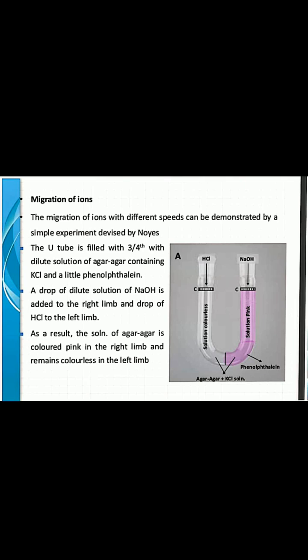The migration of ions can be experimentally studied by a simple experiment. The migration of ions with different speeds can be demonstrated by a simple experiment devised by Noyce, the name of the scientist.